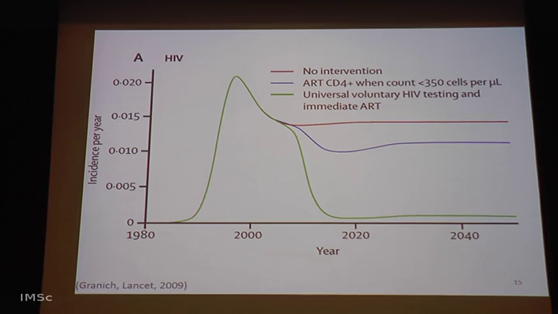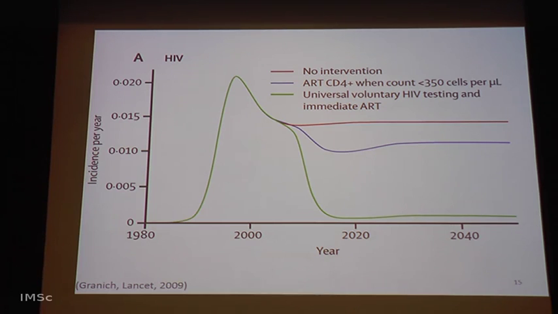And then the main focus of their paper was this idea: what happens if we found everybody that had HIV in South Africa and we gave everybody antiretroviral therapy immediately. So this is obviously an extremely ambitious public health intervention. Screening everybody in South Africa for HIV is already a very expensive and a very ambitious public health intervention.